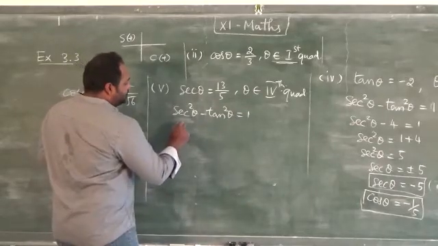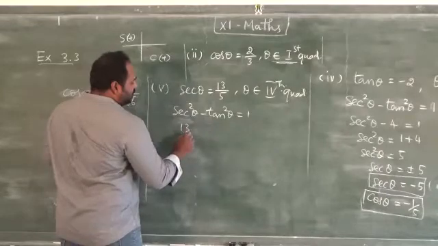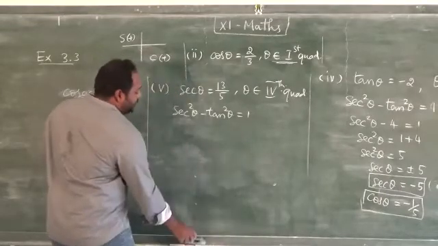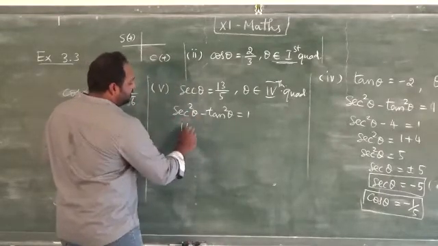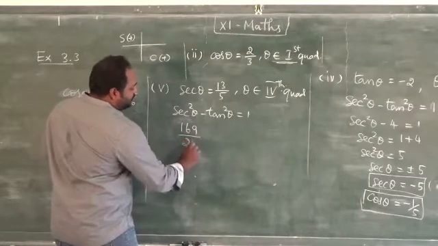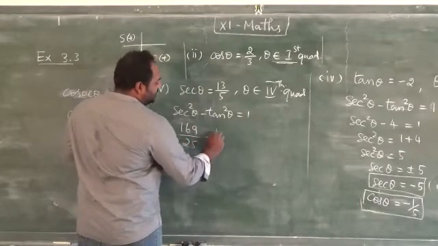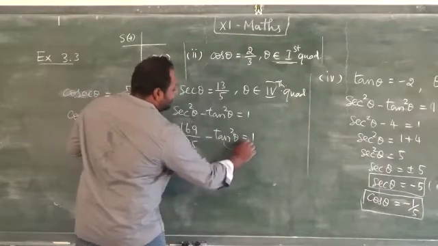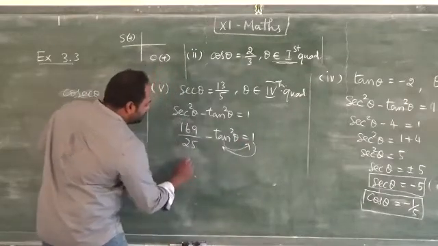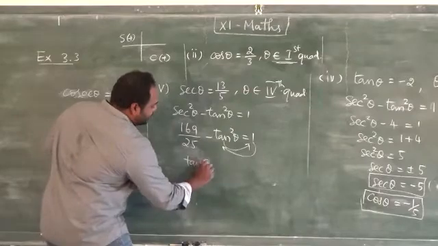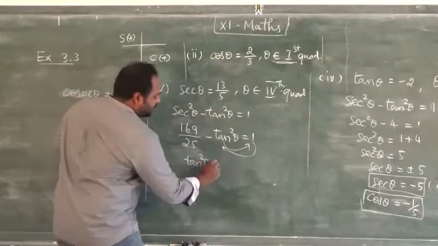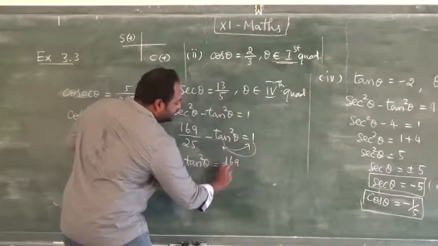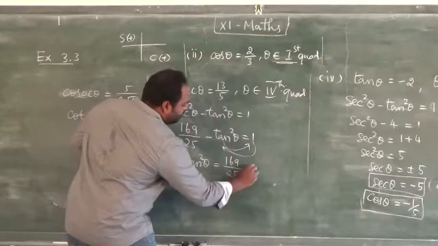So the secant value is 13 by 5. 13 square is 169, so 169 by 25 minus tan square theta equal to 1. Bring this tan to this side and bring this 1 to the other side. So tan square theta equal to 169 by 25 minus 1.